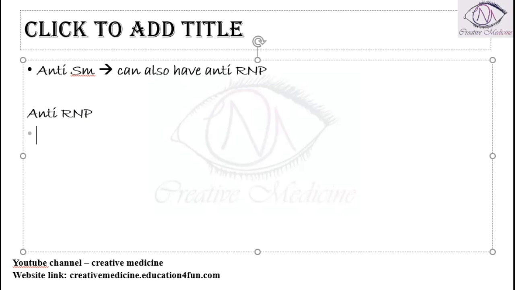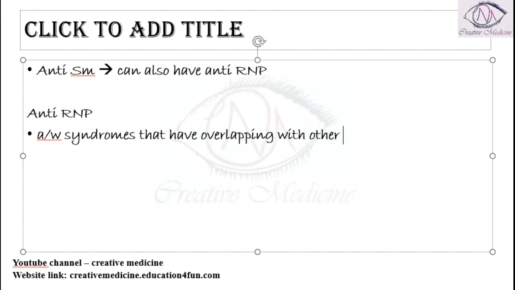Anti-RNP antibody is associated with overlap syndromes, that is, syndromes that have overlapping features with other rheumatic syndromes, other than SLE or including SLE. In them we see anti-RNP antibodies.